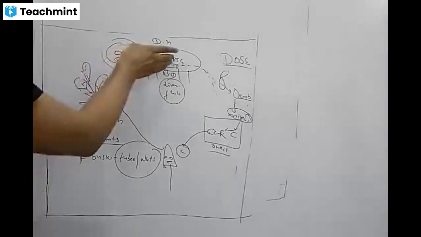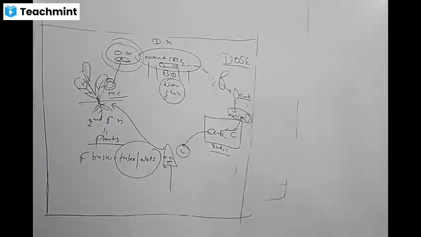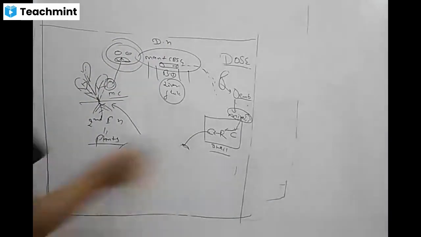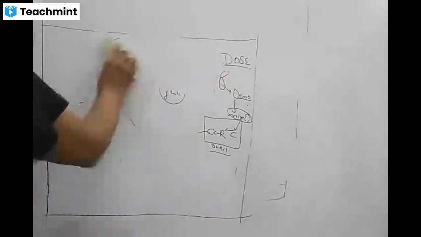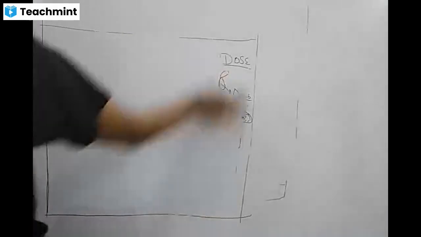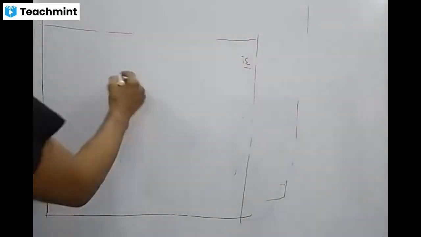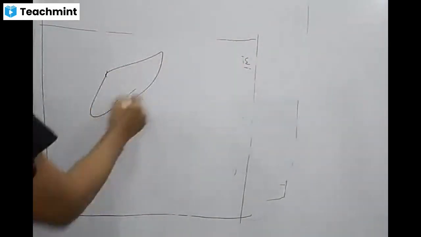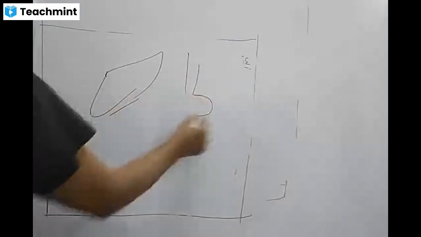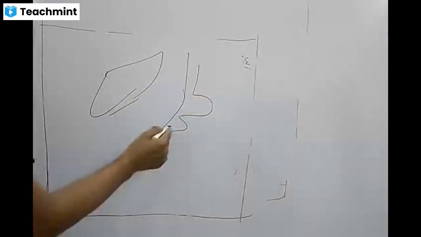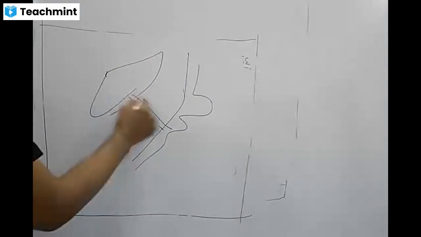It will enter into the body of the animal, and through the GIT it will ultimately reach its predilection site, that is bile duct. Before reaching the bile duct, it has to cross the intestine and reach the liver.